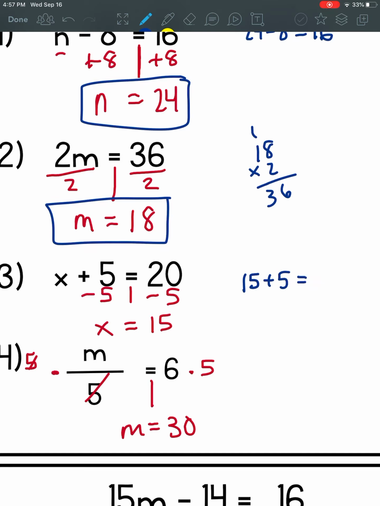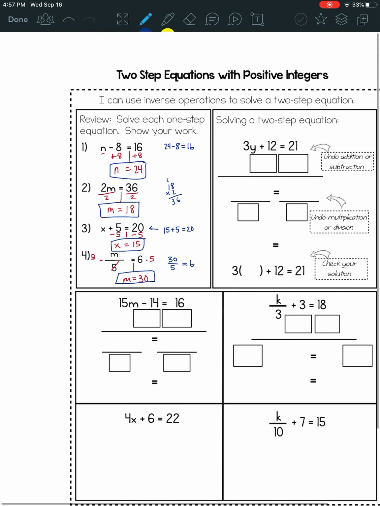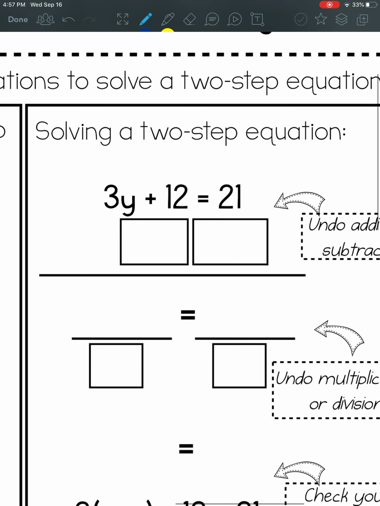So m equals 18. Next on x plus 5, so if x is 15, 15 plus 5 does equal 20. We are correct. And last one, 30 divided by 5 does equal 6. So don't forget to take that extra little time to make sure your answers are correct.